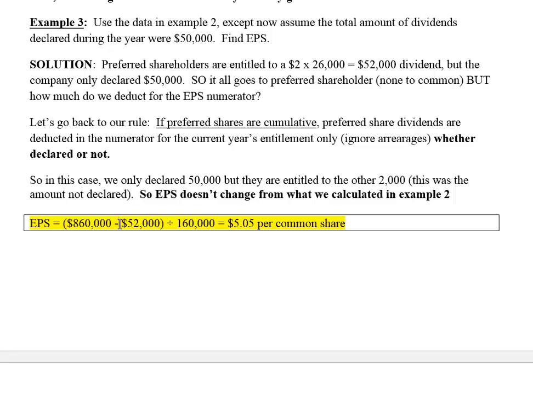So our EPS calculation won't change. We're still going to deduct the $52,000 because that is the entire current year entitlement for those cumulative preferred shares, and this is our rule for cumulative. Even though the whole 52 wasn't declared, it's whether it's declared or not. So we're still going to get $5.05 a share.